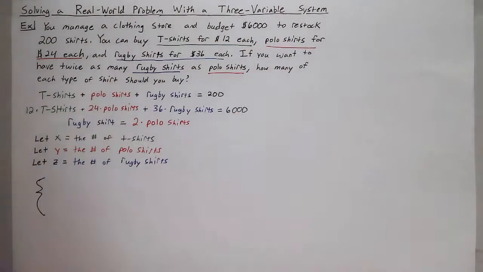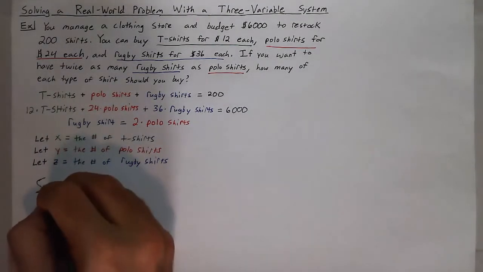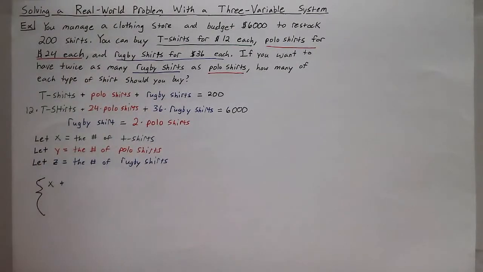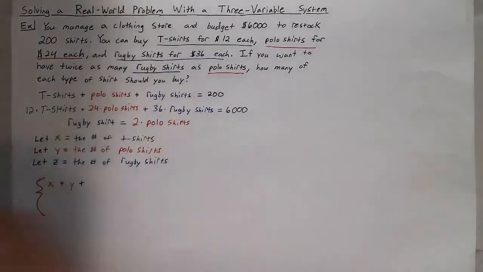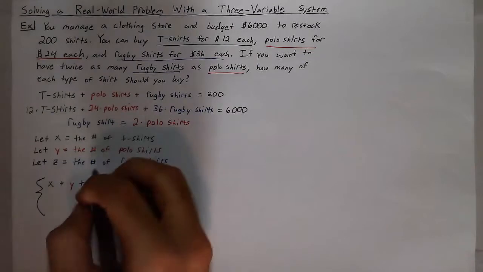This first one here would just be X plus Y plus Z is equal to 200.